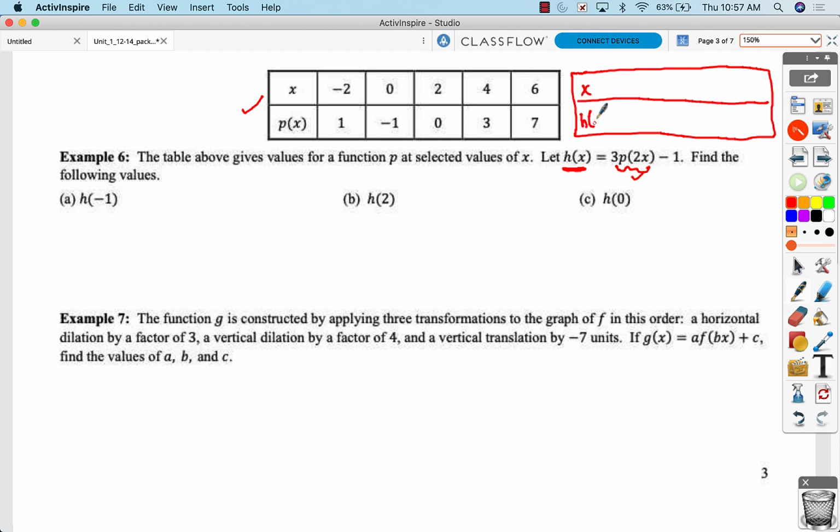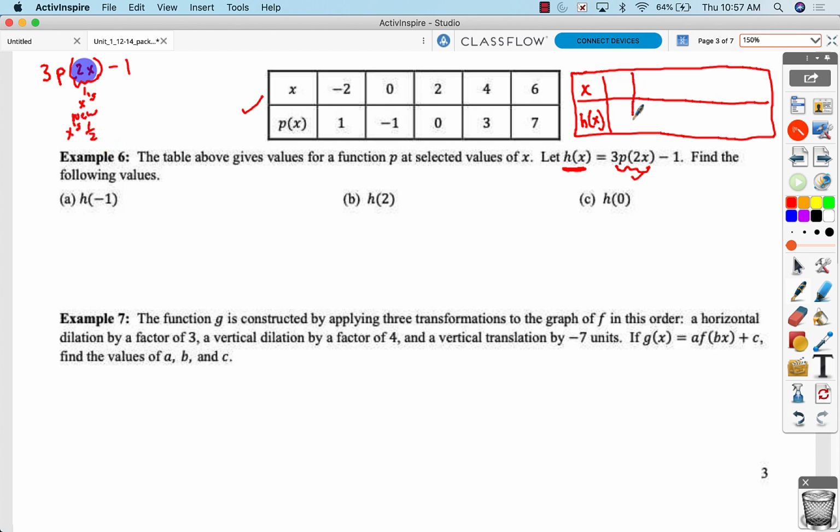This is H of X. You could do the transformations. For example, this is 3P to the 2X minus 1. You'd be like, okay, what does this do? Who does this affect? This affects your x's. How does it affect your x's? The new x's are half of what they were.